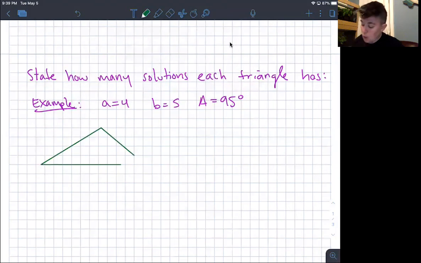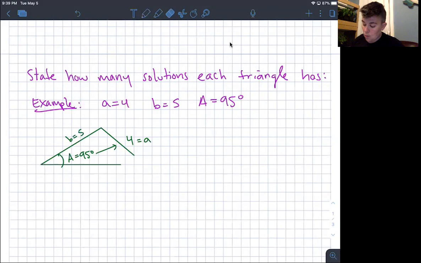I'm going to start with the angle. This is angle A, 95 degrees, which means the side opposite of A is 4. And this side, let's make side B equal 5.